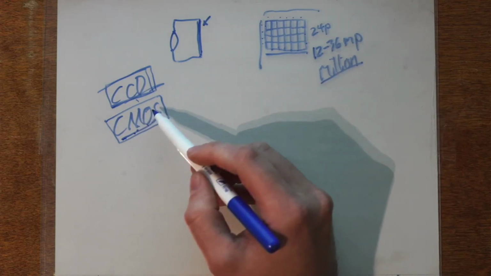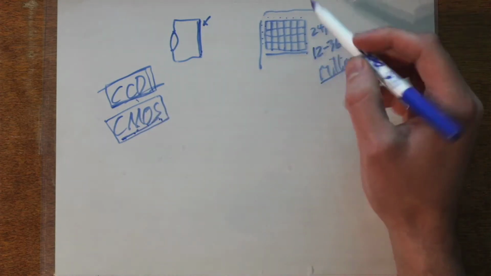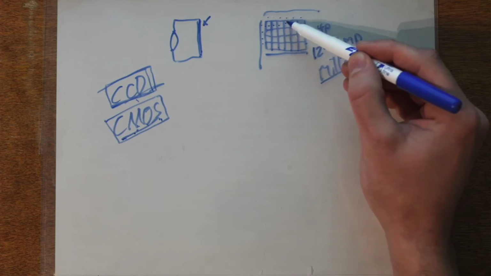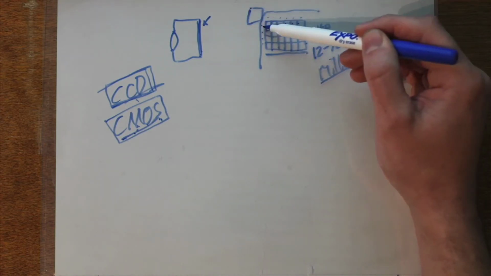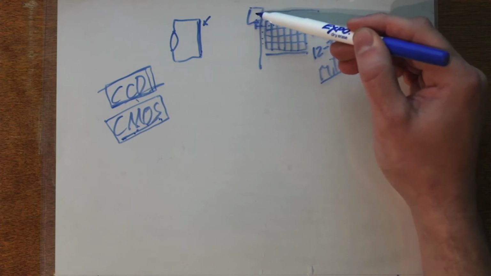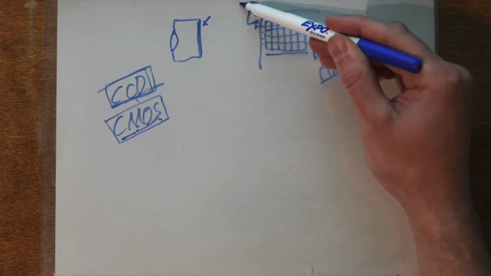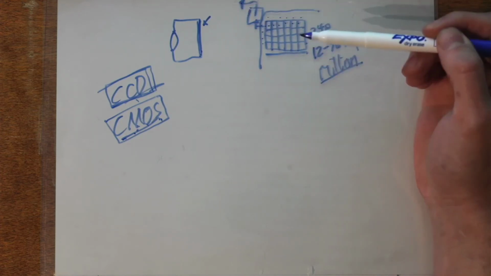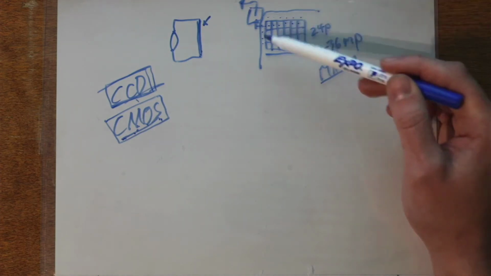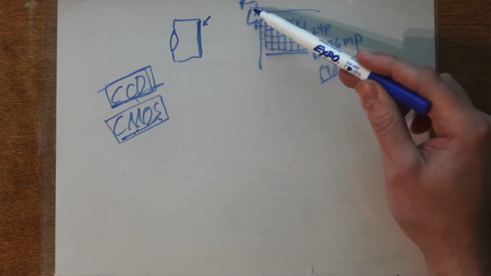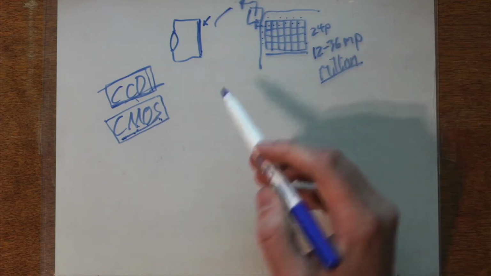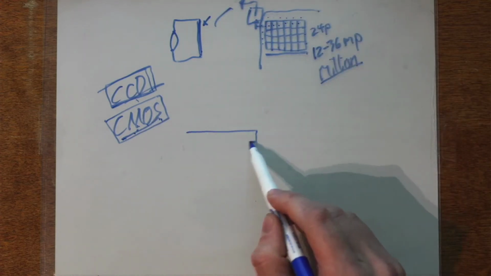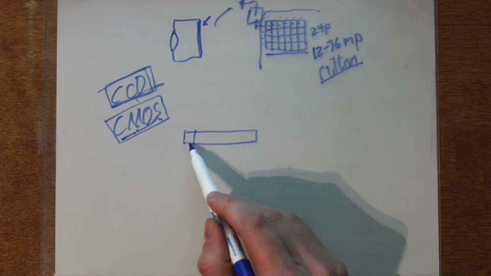One of the big things that's different is that for a CCD, all of these pixels are sensors, and then there's an amplifier over here in the corner, and we shove our signal to the amplifier, let the amplifier amplify it. That's just like turning up the volume on your stereo. We let our amplifier amplify it, and then we read out that information. For a CMOS, we actually have amplifiers on each pixel.